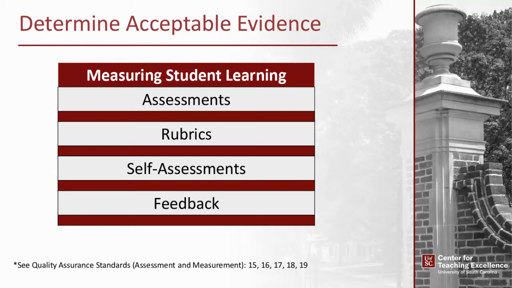Authentic assessments are most effective, and assessments can be either formative or summative. So formative assessments measure student progress as they develop skills and abilities, while summative assessments summarize learning over a longer period of development, like a midterm and final exams. It is recommended that formative assessments be included as well as summative ones.